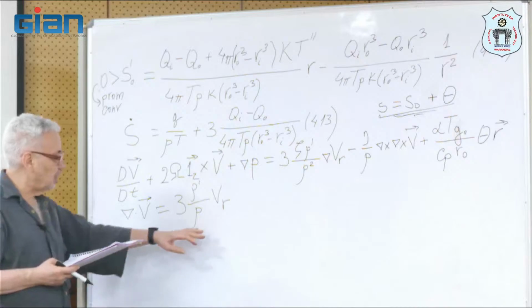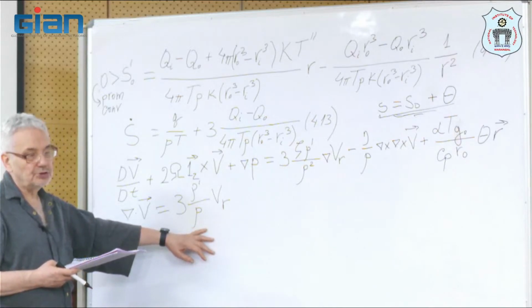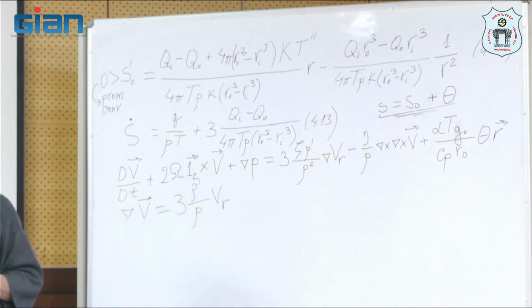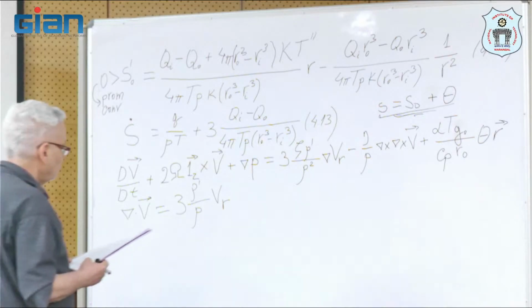Of course, it again has not so big a contribution in the terrestrial planets, but it could be quite significant, and maybe even the major contribution in planets like Jupiter and Saturn.